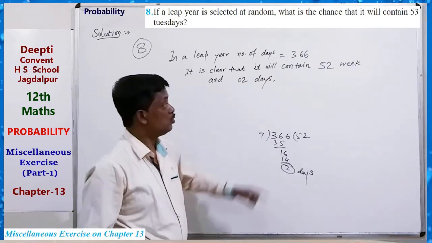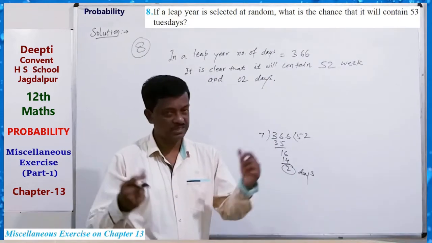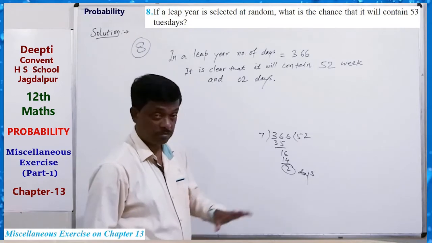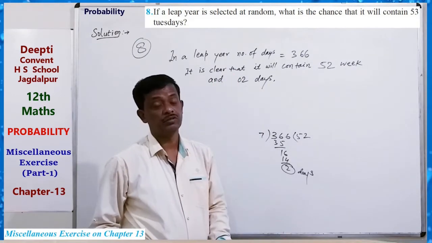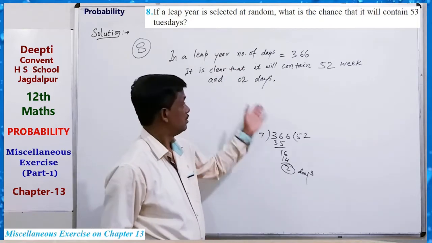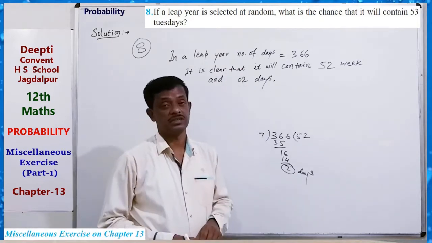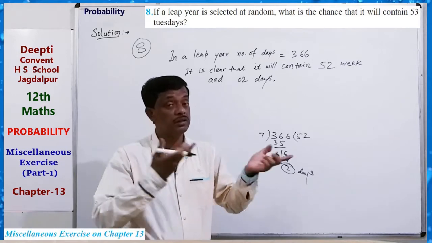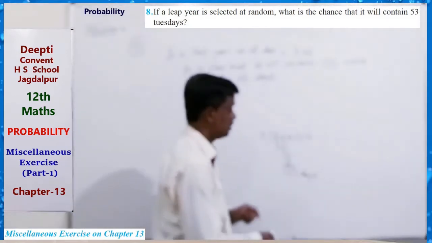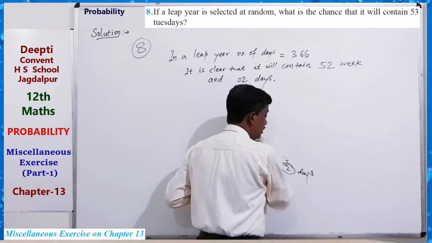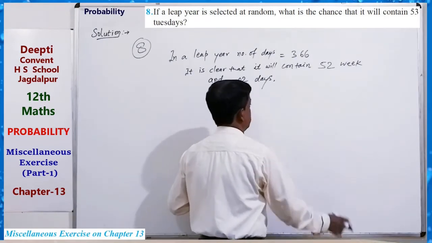Now 52 weeks contain 52 Tuesdays, and for containing 53 Tuesdays, it will depend on the remaining 2 days. The remaining 2 days can be in the following ways.